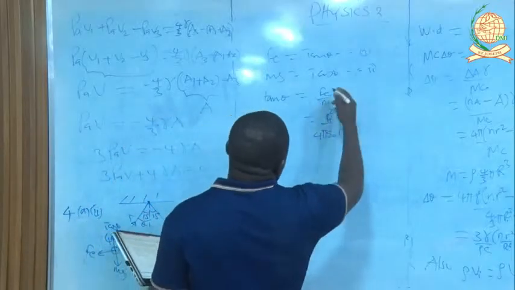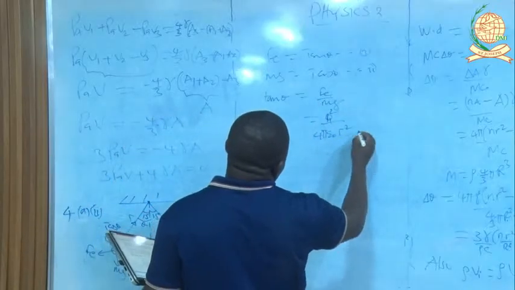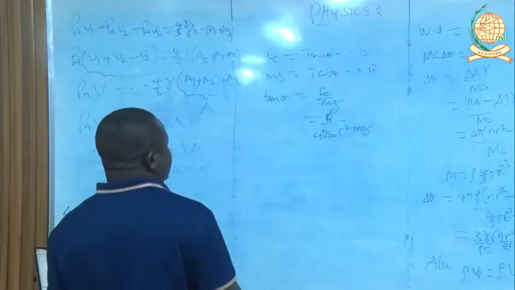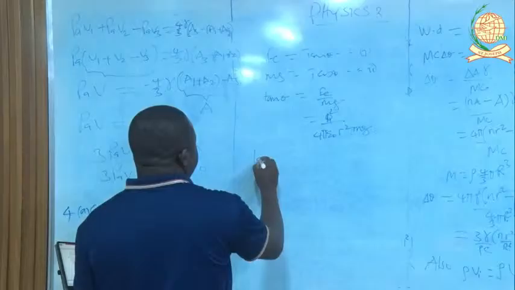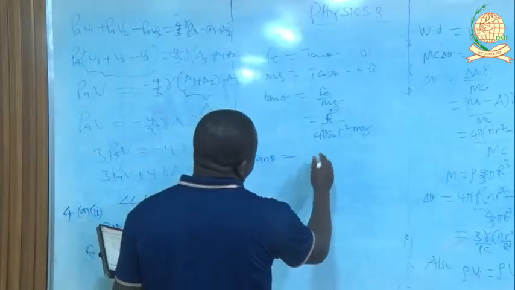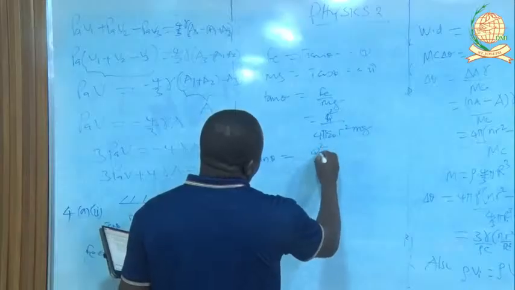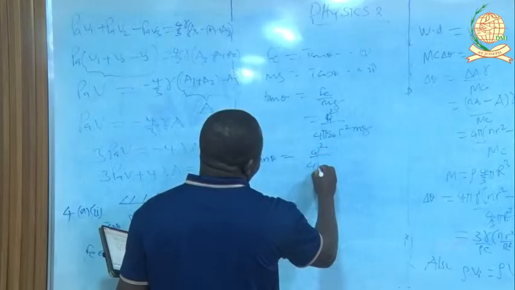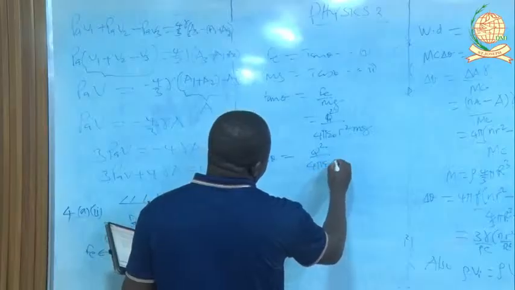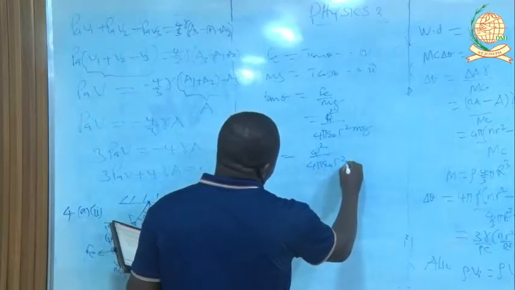This F, so if you divide it by mass, this will be mg. So this is the first equation. Tan of theta equals to Q square over 4 pi epsilon naught r square mg.